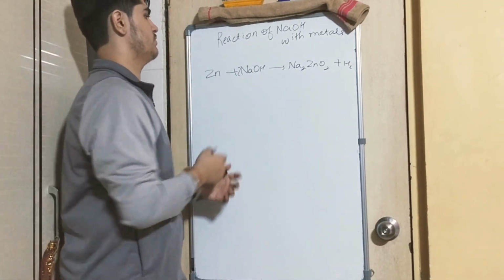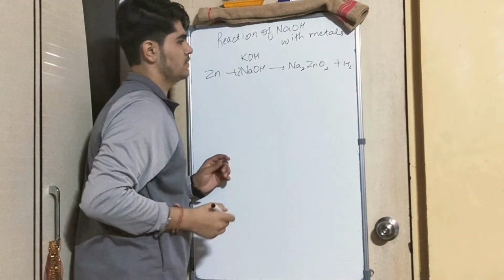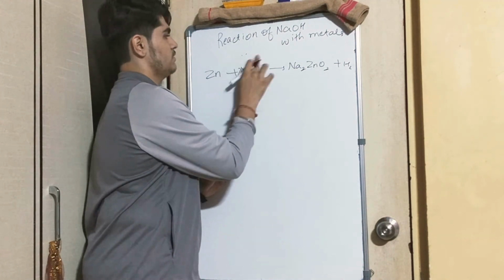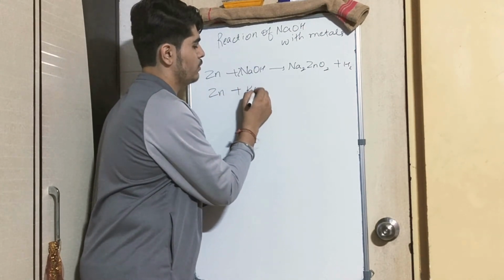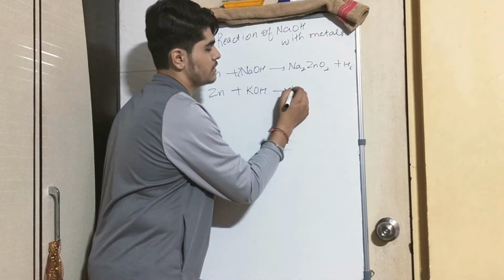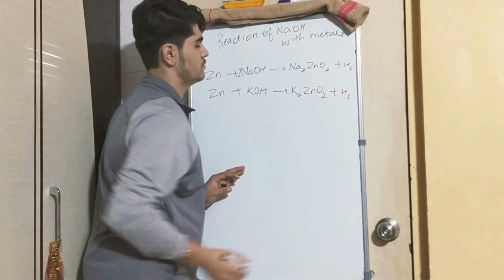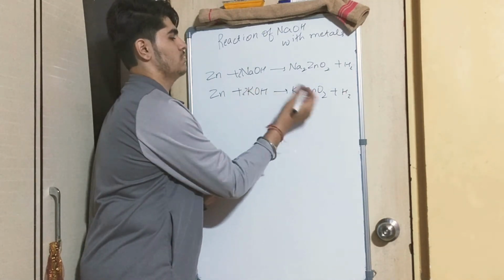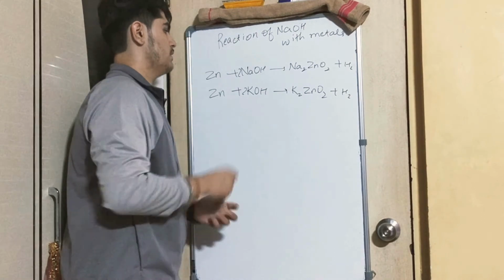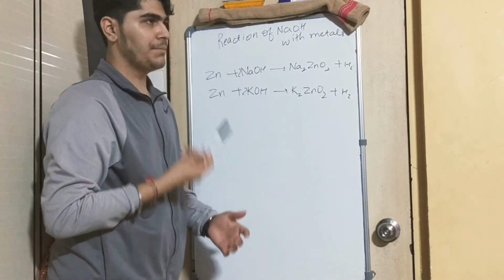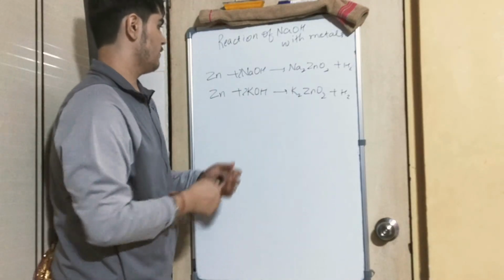The same happens when you take KOH. So you will get Zn plus KOH gives K2ZnO2 plus H2. Your 2 balanced. The same happens when you take Pb, Fe. Okay?